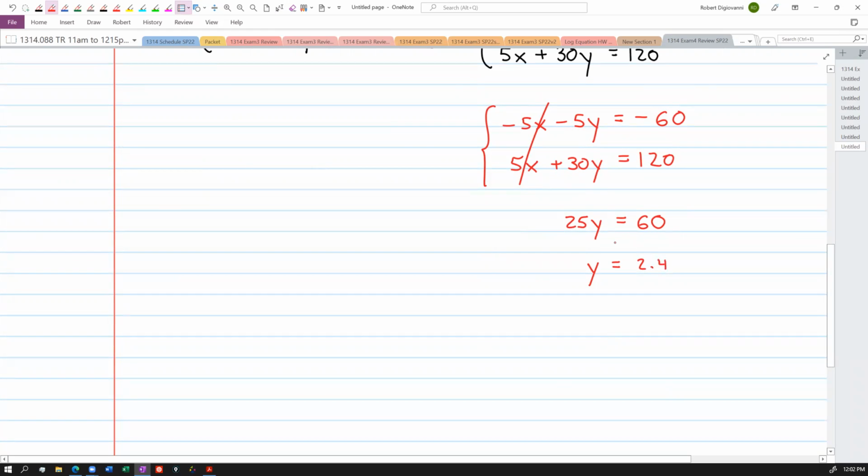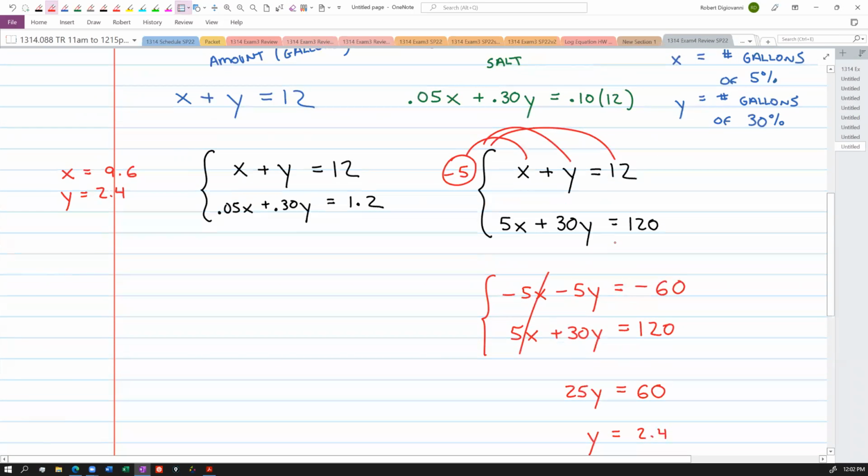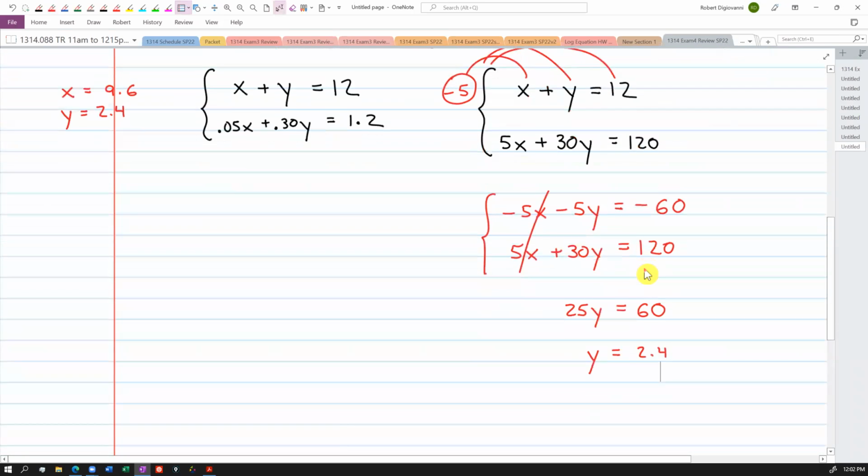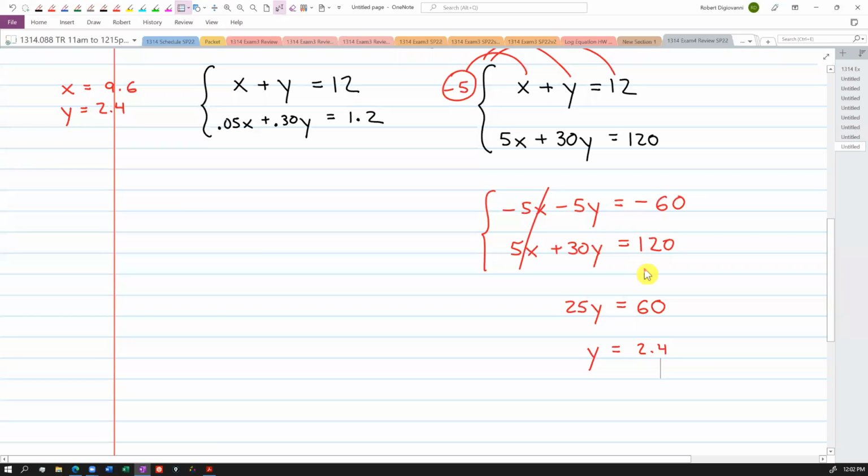And then you plug that into one of the other equations, you get x. So what you should do here, really you should state the answer. Since it's a word problem, you should state the answer in terms of what they were asking, how much of each.